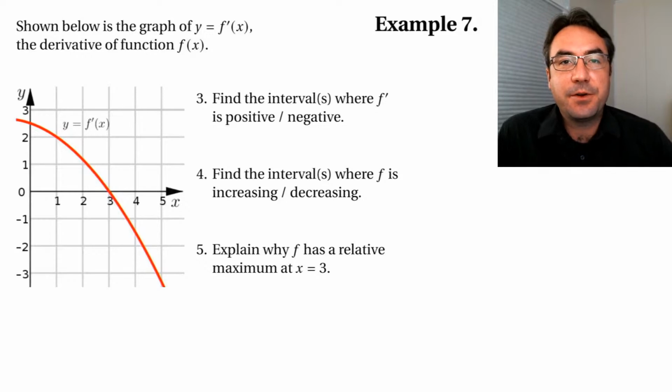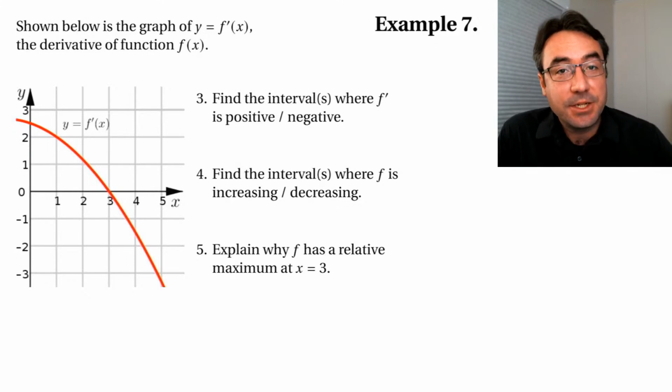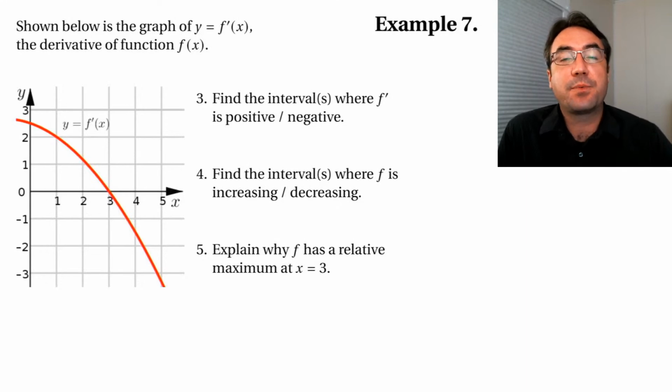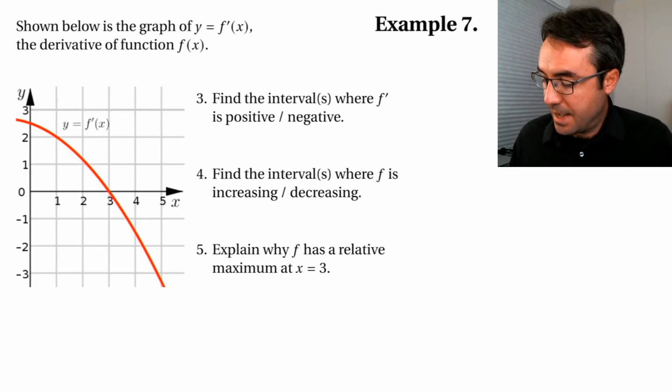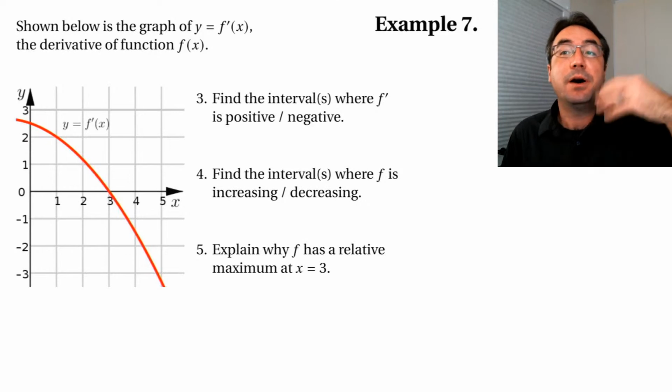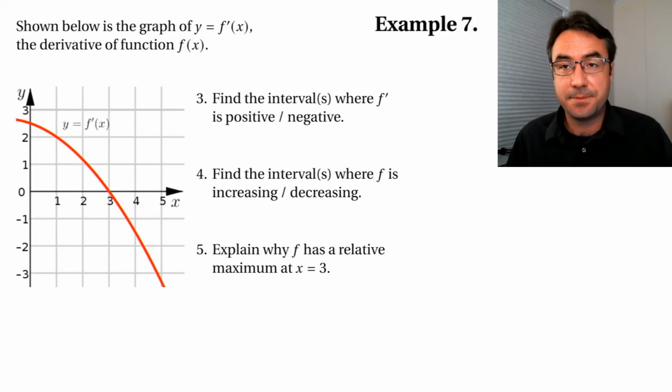All right, so we figured out the slope at x equals 1. We figured out where the graph has a horizontal tangent line. Now let's figure out the intervals where f prime is positive and negative. So if we look, f prime is positive when it's above the x-axis.